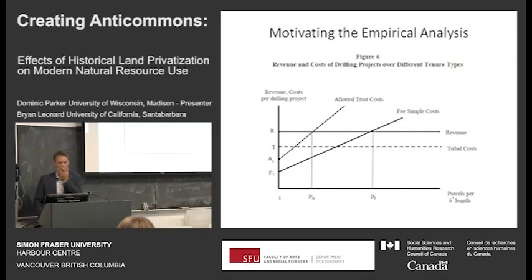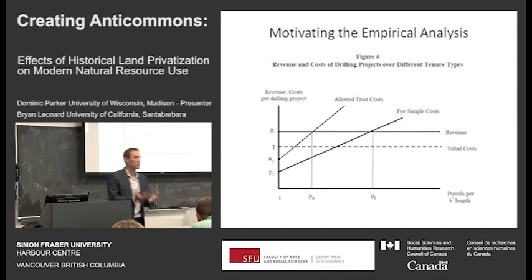So our empirical analysis is looking at how subdivision affects the timing and the extent of oil and gas development on a parcel. To motivate our empirical analysis, we just assume that the contracting costs or the transaction costs of the project are directly related to the number of excluders.